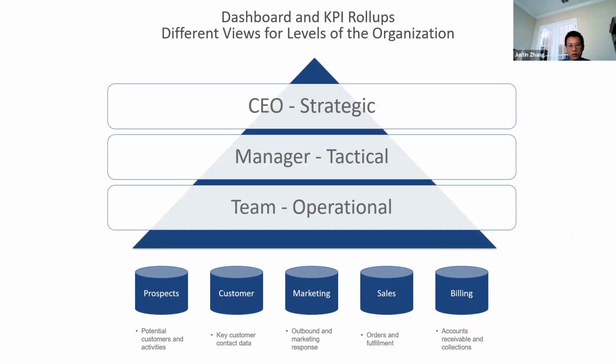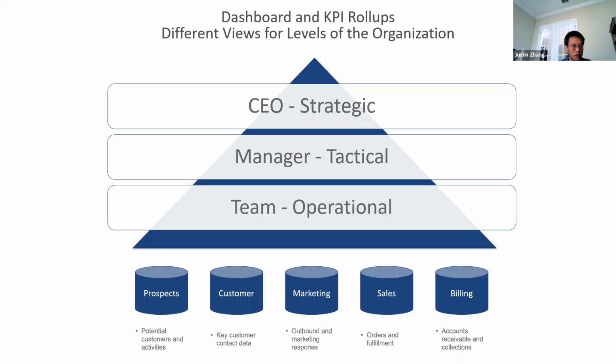But first of all, we need to understand who is the audience of your dashboard. So on this chart, you see three types of stakeholders, or maybe the audience: CEO, manager, team. Sometimes it can be other users from different functional departments. It can be customer, marketing, sales, billing, operations, etc., accounting, finance.